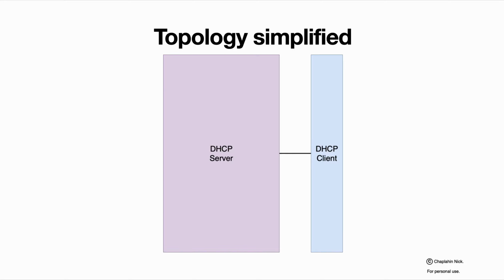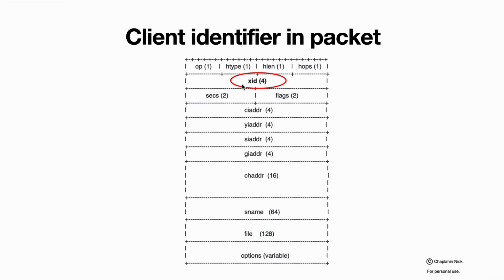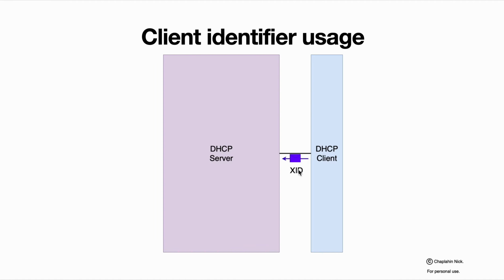You also should take into consideration that DHCP is a dialog protocol. It means that there is an identifier of the client that needs to be used both in communication from client to server and from server to client. In other words, when the client generates a DHCP packet, it fills in this identifier and sends it to the server, and the server needs to reply with the same identifier in the packet.